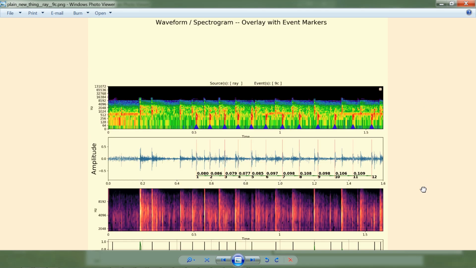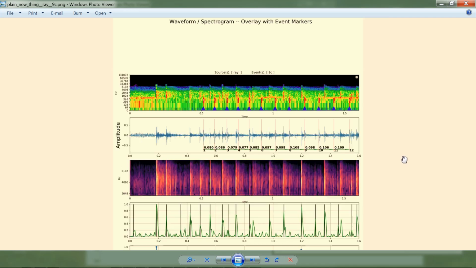I have the same thing here, but the sonics weren't marked. This is from Ray, and this is for volley 9, the third burst. On here you can see that I've marked the deltas between the muzzle events, which is kind of a nice little thing.